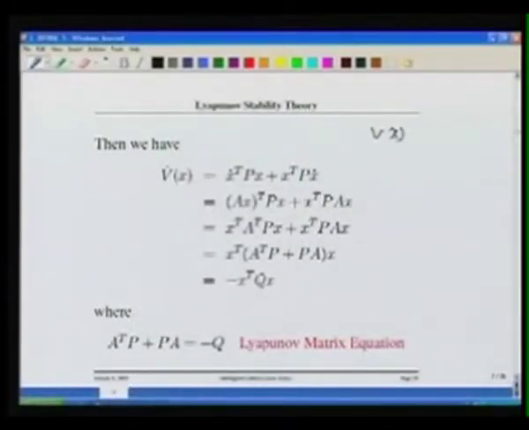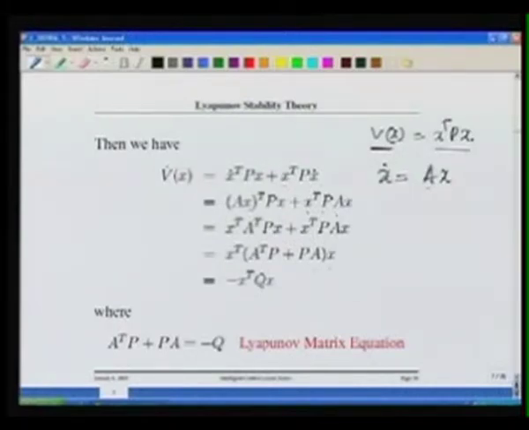So, once we have defined V x as x transpose P x, this is our Lyapunov function, and then we differentiate V x, which is V dot x, obviously x dot transpose P x plus x transpose P x dot, and our x dot is A x. So, we replace x dot by A x. Here, (A x) transpose P x, then x transpose P and x dot is A x.